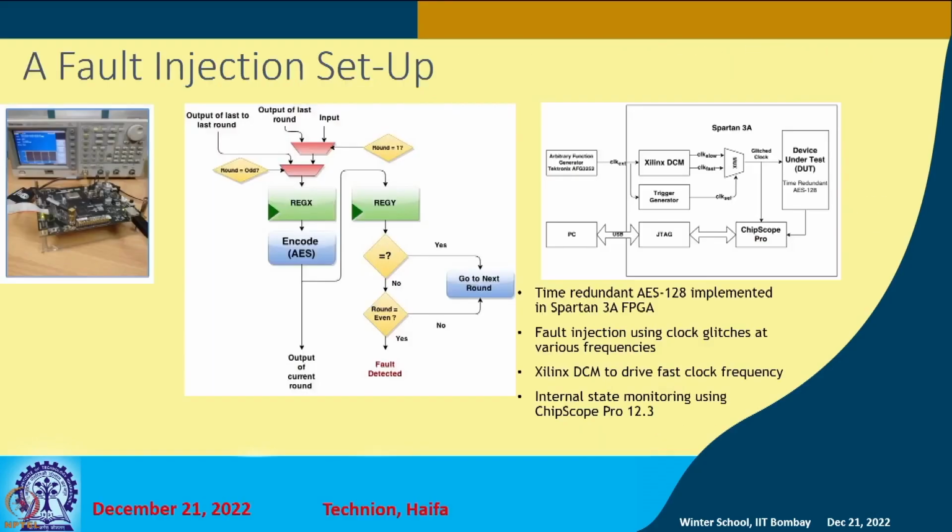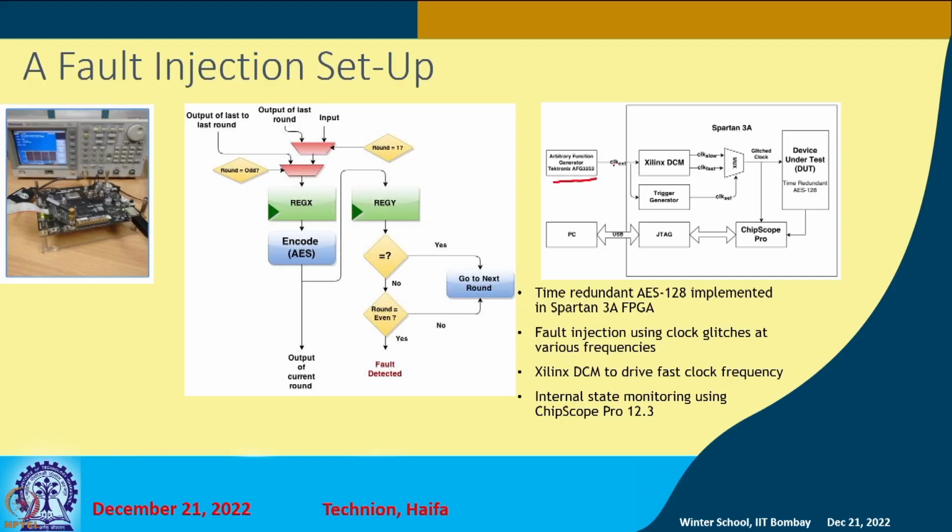So here is a simple injection setup that you can probably set up in your own laboratory also, because it's not really very costly. You have got a target device. So in this case, it could be a Nexys board, or it could be a Spartan board, or any other board for that matter. And the idea is that when it does its encryption, you basically have a clock, right?